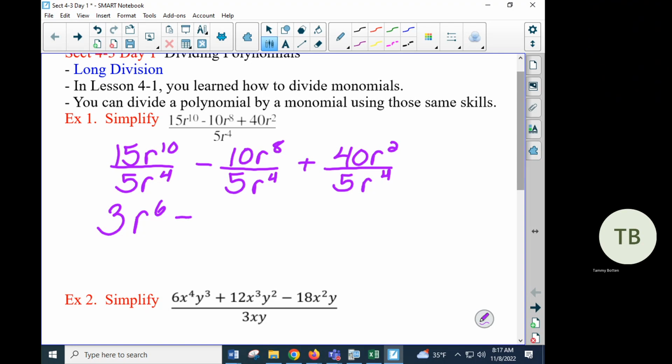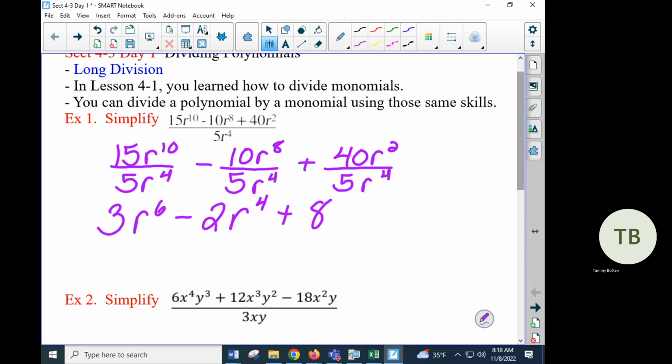Then we go minus 10 over 5, which is just 10 divided by 5, which is 2. We have 8 R's on top, 4 on the bottom. We subtract them. 8 minus 4 is 4. And that R to the 4th is going to be on top because the 8 is on top. And then this last one, 40 divided by 5 is 8. We have 2 R's on top.